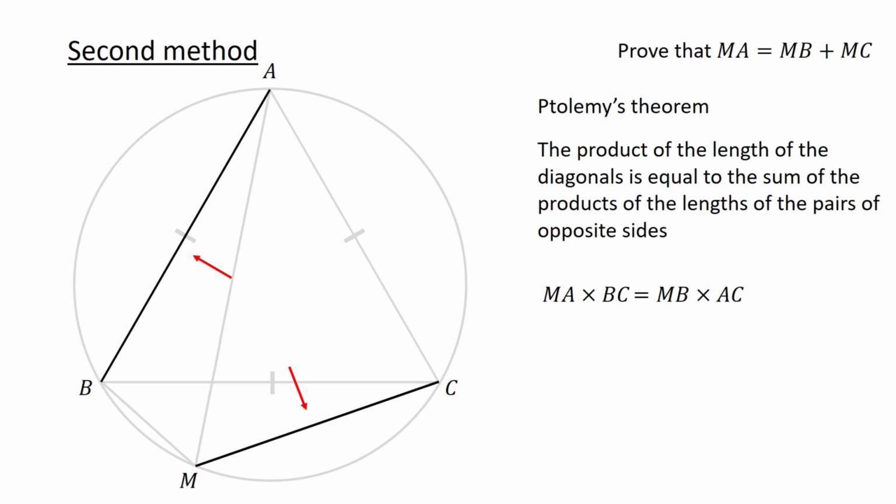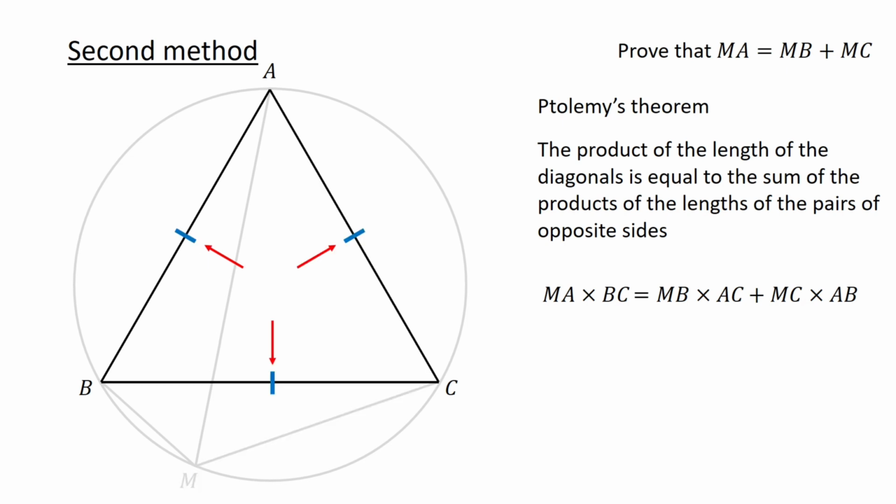The other pair of opposite sides is MC and AB, with product MC times AB. Since the line segments AB, AC, and BC are the sides of an equilateral triangle, BC equals AC equals AB. Thus, BC divides out and we obtain MA equals MB plus MC.